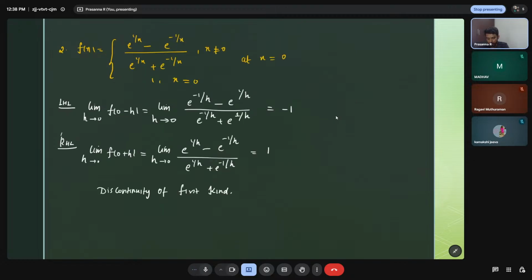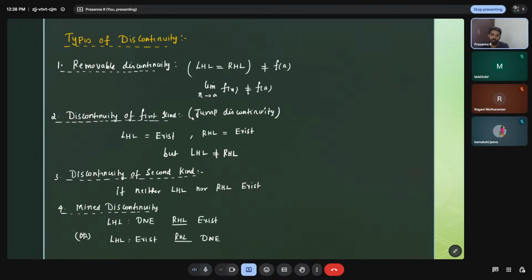If function f has a discontinuity of second kind on one side of a, yes. Mixed discontinuity is a special case of discontinuity of second kind, that is not a problem.